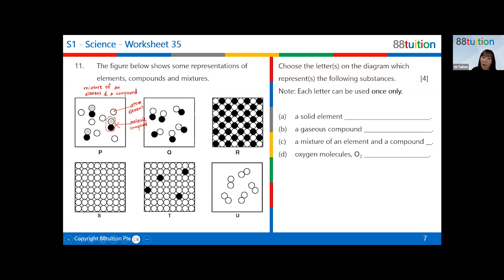This kind of question should come up for the exam, I can tell you. Sec 1, usually they like to test students on this, so you better be good at this. Okay, Tammy, can you do R? Tammy, come try R. And then the next one, S, I will let Serena do it.